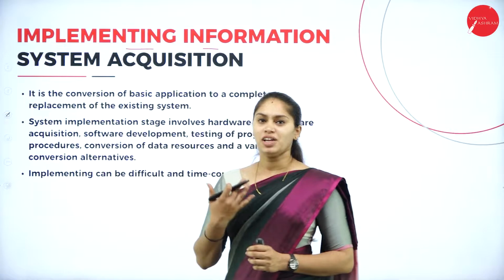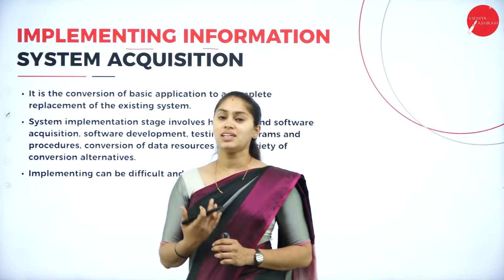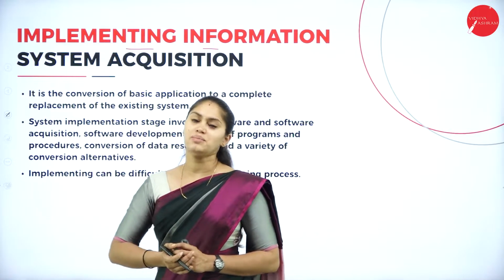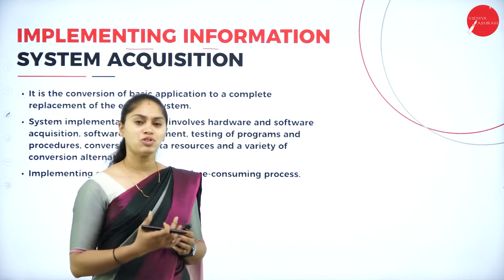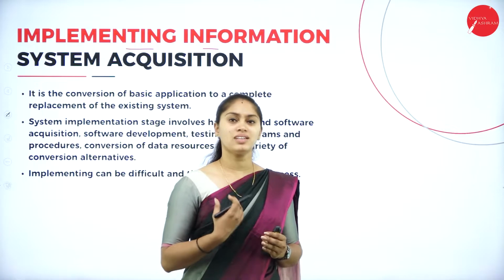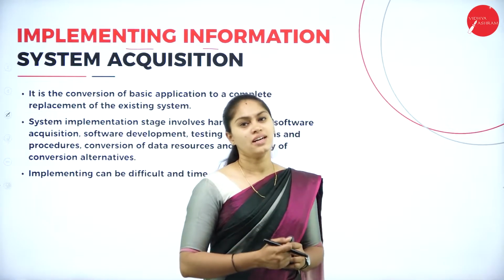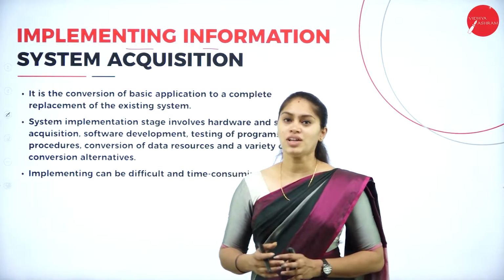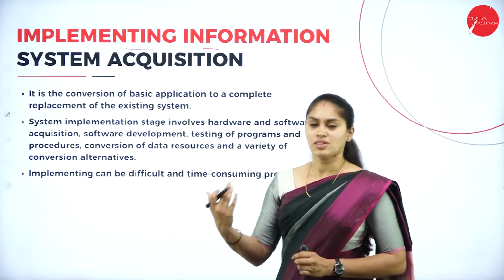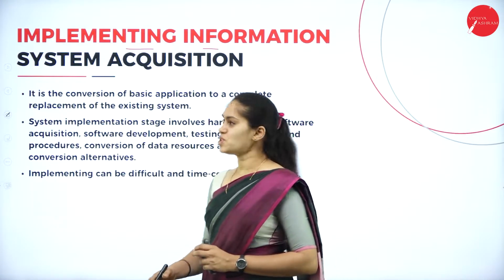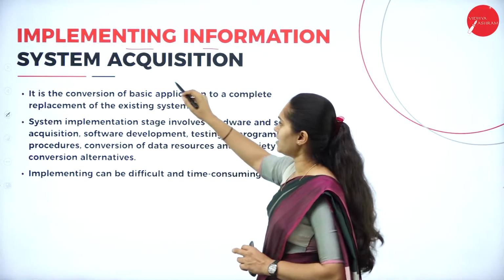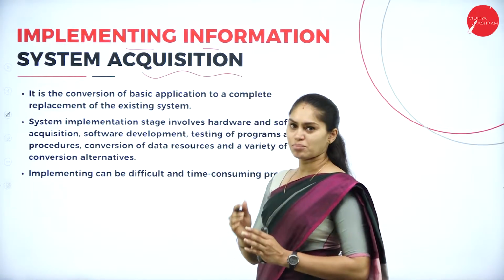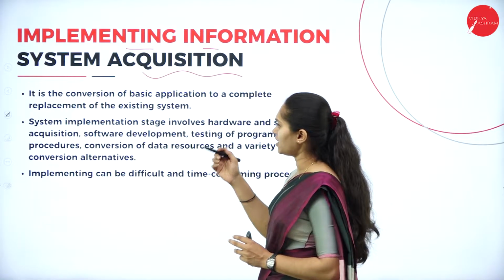Implementation. When you are starting a new company, organization or firm, it is necessary to have both hardware and software. We have to think about what hardware and software I require in order to run my organization without any mistakes or defaults. Here we have to implement the information system. For that, we have to acquire the hardware and software.